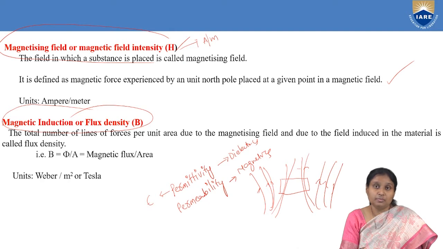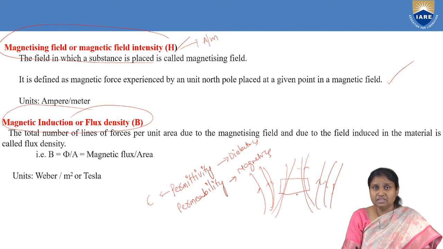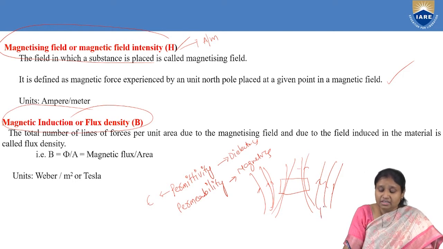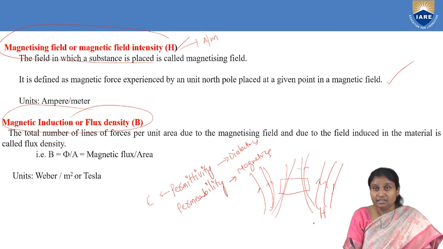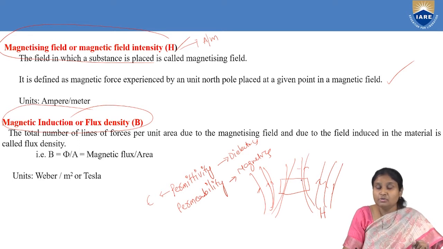What is the induction property of magnetic material? When you keep a magnetic material in an external magnetic field H, which we call the magnetizing field, some of the magnetic lines of force of this magnetizing field will start penetrating through the material. So one contribution comes from the magnetic lines of force of the external magnetic field penetrating this material.